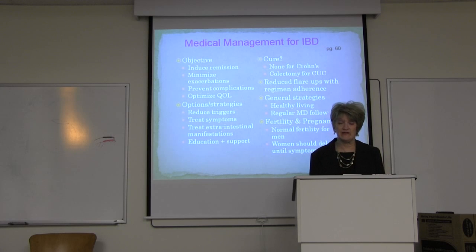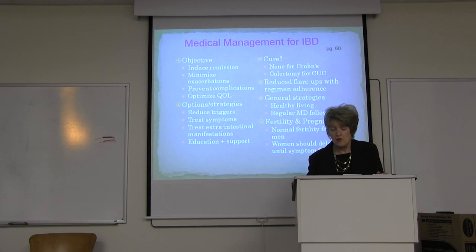We also talked about the fact that the disease trajectory is variable. This is hard for us and hard for patients because you think how you would feel if you were diagnosed with something like inflammatory bowel disease. You would have all kinds of questions like, well, how do you treat this? And how much medication am I going to have to take? And do I have to take it all the time?